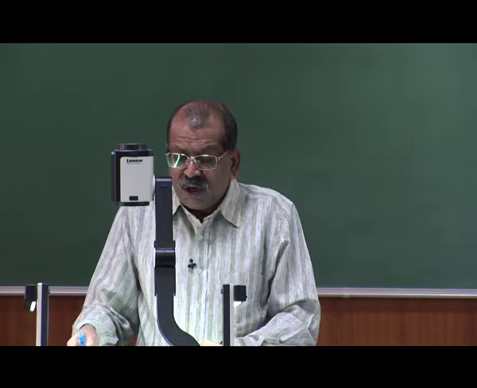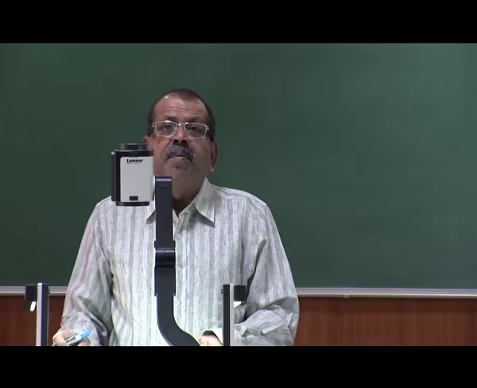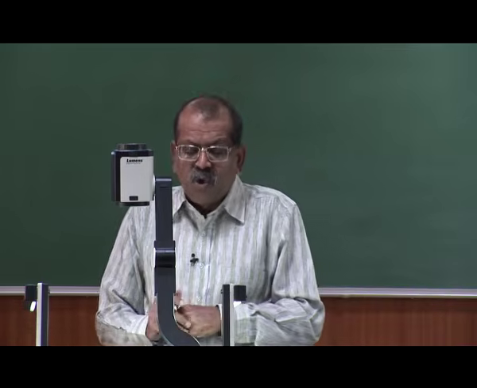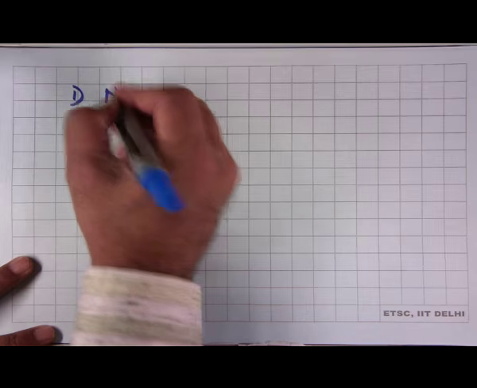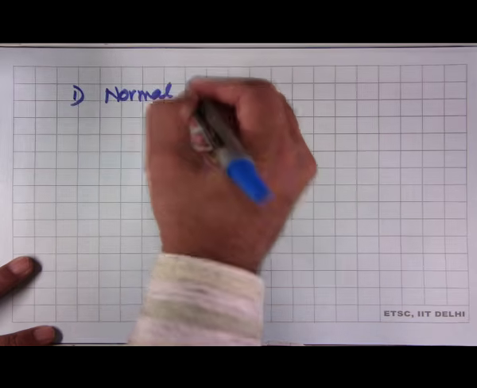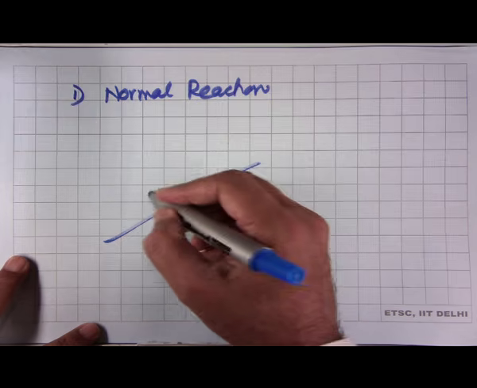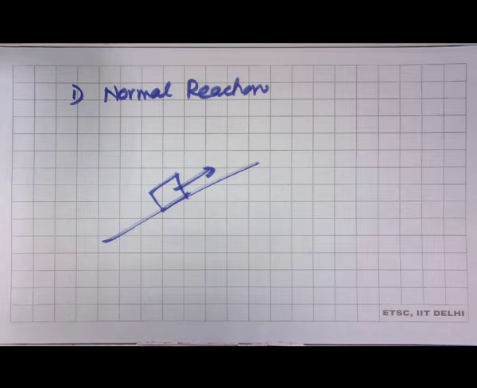such forces will not be accounted for, and if they are unknown forces, then we do not have to bother about them. Now, some examples of forces which do not do work: we have seen, typically when we talk of normal reaction, a block which is sliding up a plane or sliding down a plane.